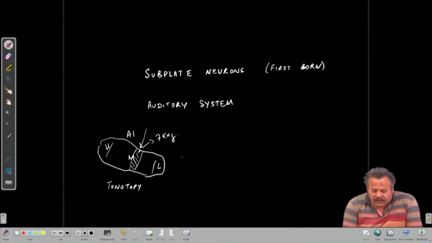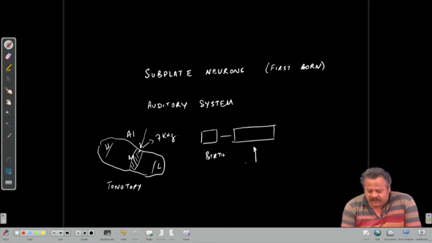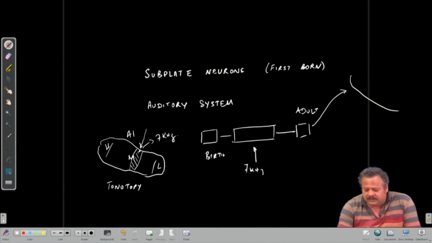Then, let us say the animal at birth goes through a critical period when that 7 kilohertz is presented, and then when the animal is an adult, the auditory cortex is mapped, and this is the primary auditory cortex, and the 7 kilohertz region gets expanded.